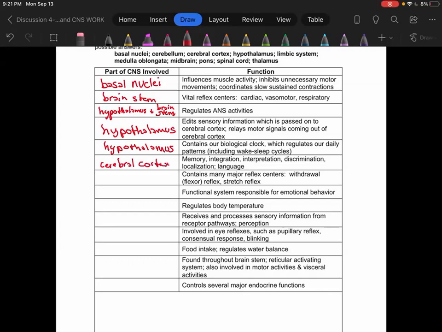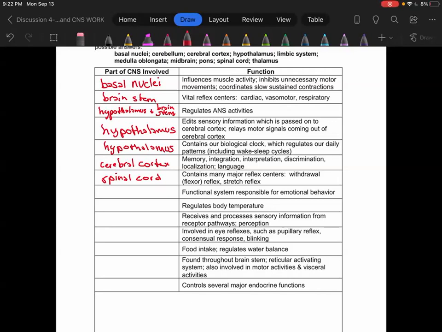Same thing. Many major reflex centers, withdrawal reflex, stretch reflex, that is going to be the spinal cord. So for example, if someone is stretching your hamstring while you're laying on your back and they press too hard, your spinal cord would cause you to involuntarily push back because that stretch reflex in your spinal cord would pick that up.